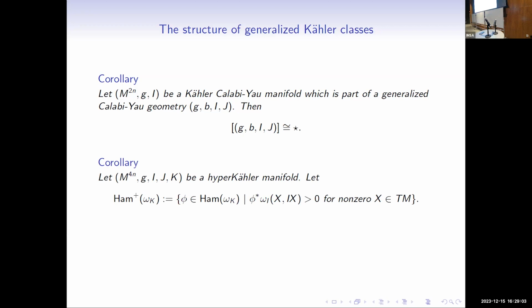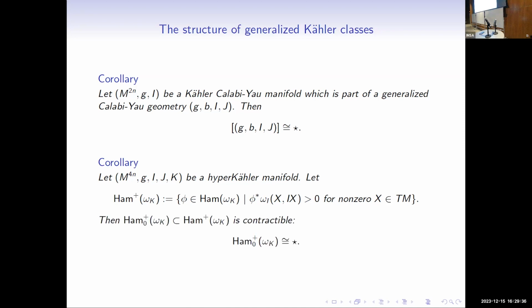So I can fix a hyperkähler manifold, G, I, J, and I can look at positive Hamiltonians of omega K. So these are Hamiltonian diffeomorphisms of omega K which satisfy a further positivity condition: if I pull back the I Kähler form and then pair with I, then that's positive definite. This is, of course, just in disguise the condition for one of these Hamiltonian diffeomorphisms to define a generalized Kähler metric. That's what that positivity condition is.